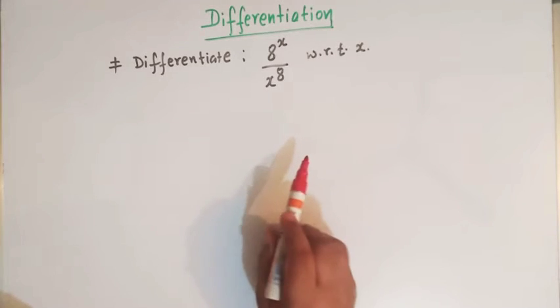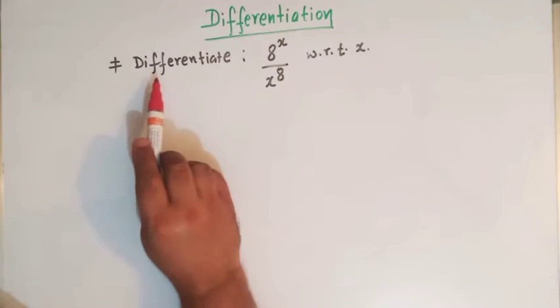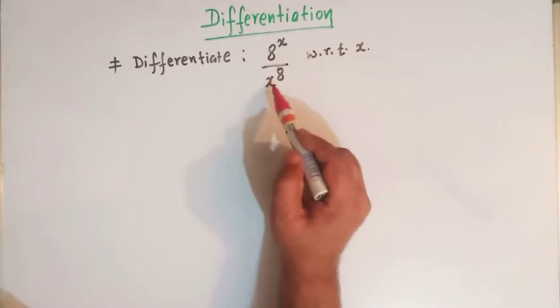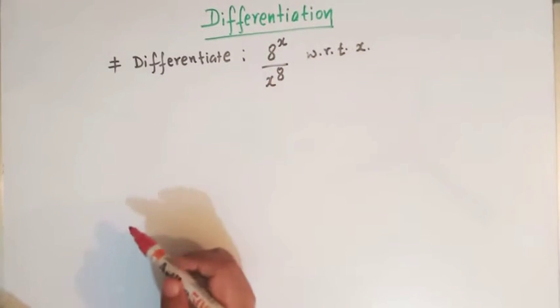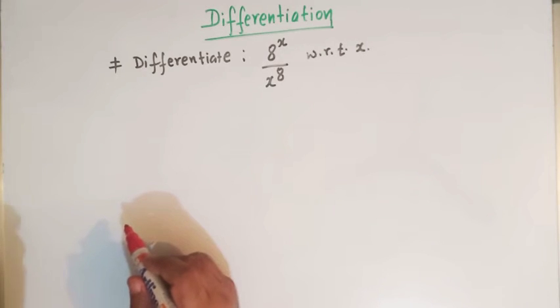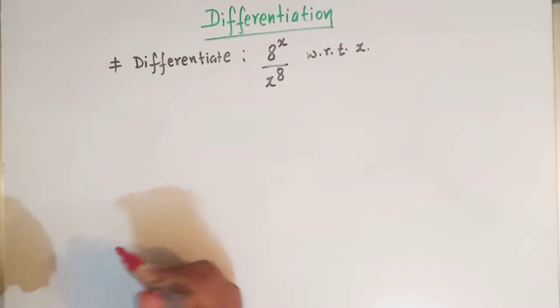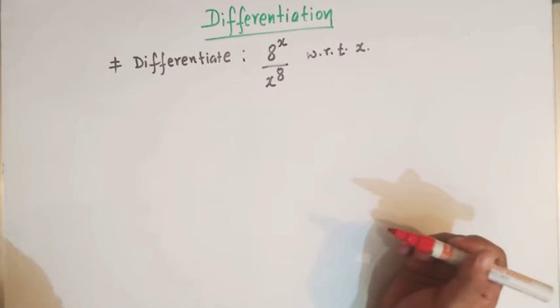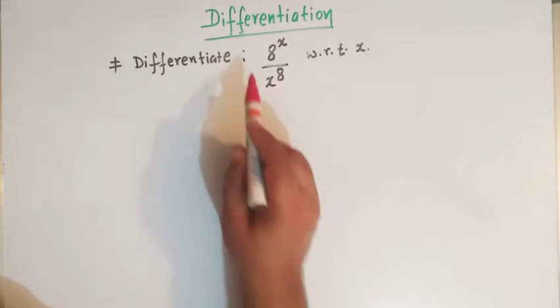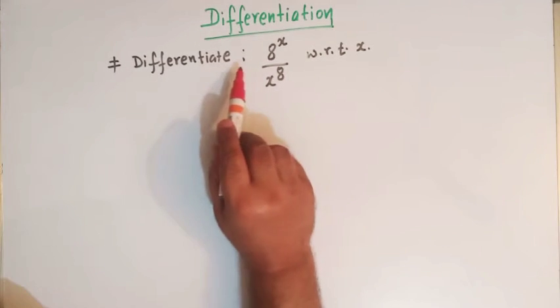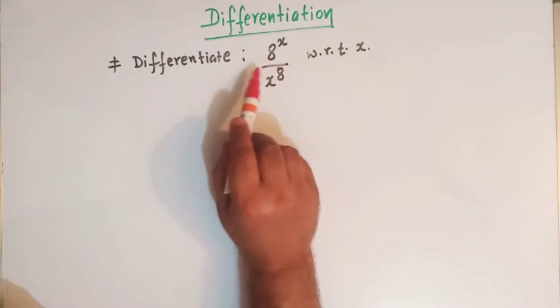Now viewers, let us take this problem. Here we have to differentiate this function with respect to x. Now this question can be done using various methods, but here I will prefer the method of logarithm.